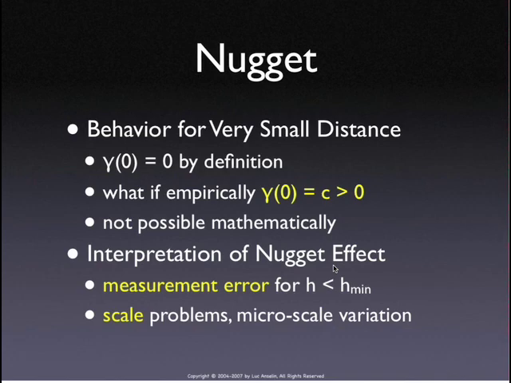In other words, this is a violation of one of our assumptions, because we've been saying the process has to be the same everywhere. So how do we deal with this? We say, well, it's not one process, it's two processes.